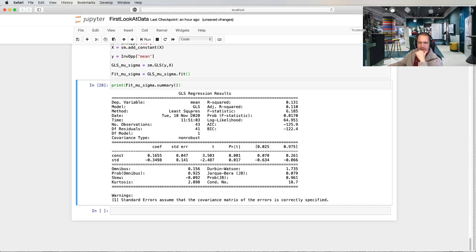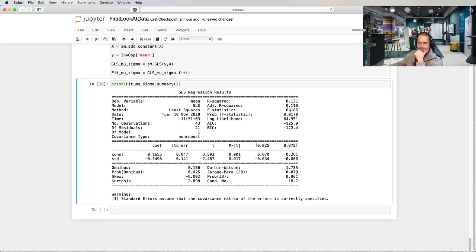We use GLS least squares. We had 43 observations, which for statistical analysis is just too little. But doesn't matter, we just did it. The R square is 13%, so kind of 11% of variations in average mean returns in this little cross-section can be explained by the standard deviation.